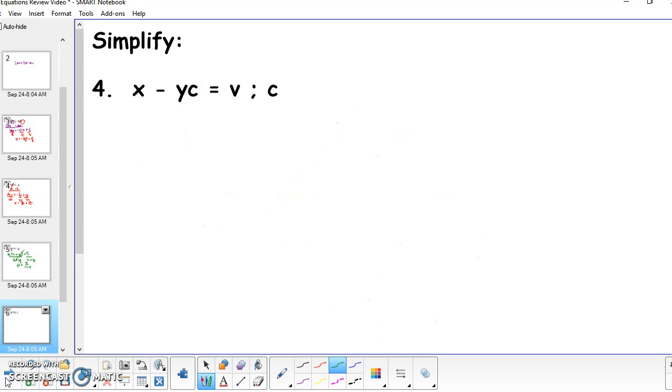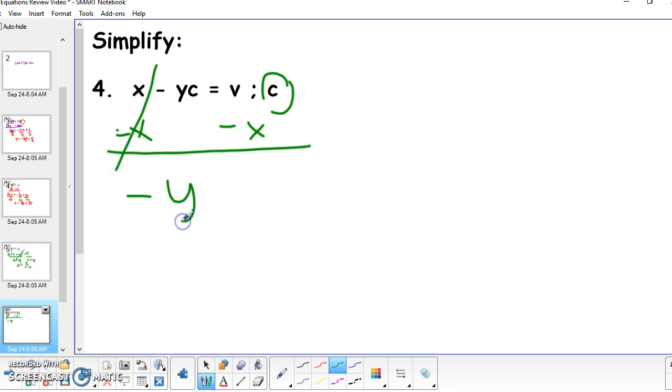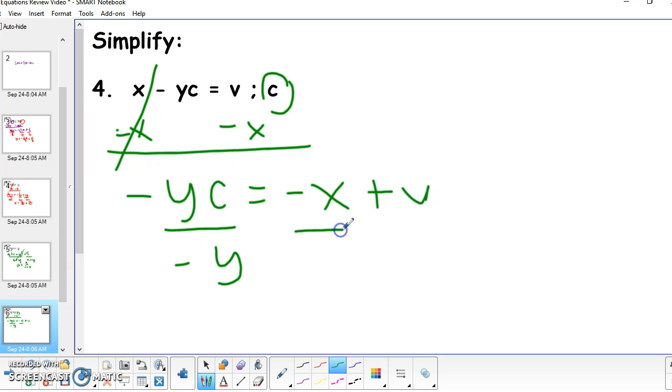All right, let's do another example here. It wants us to solve for c, and I see c here. So I need to go ahead and get x to the other side, canceling out. I'm left with negative yc equals negative x plus v. C is not by itself yet, so I need to divide everything by negative y.